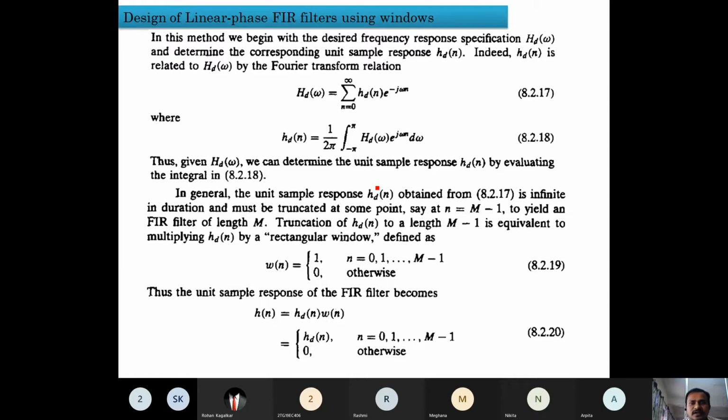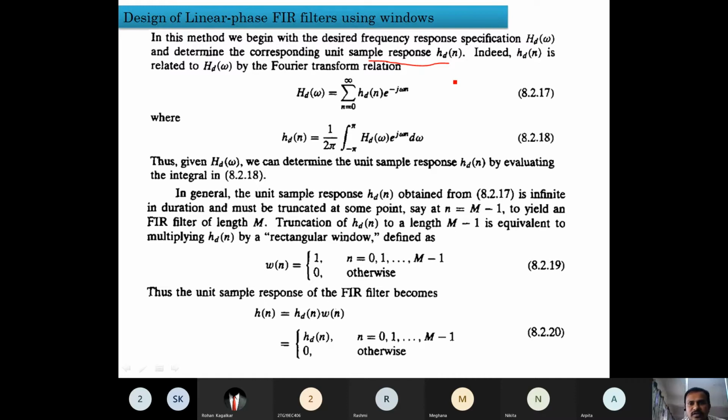That is denoted as HD of omega. And determine the corresponding unit sample response of the filter, it is hd of n.